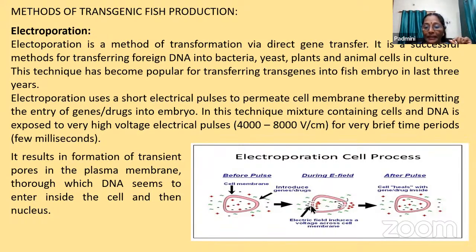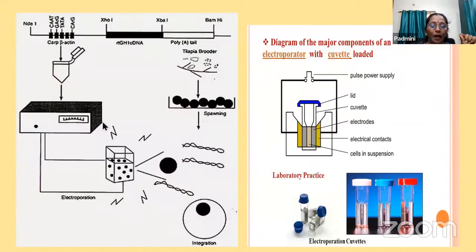Once the electric current is passed, the cell membrane is going to open up very slightly. Once it is open for that millisecond, whatever drugs or genes are present outside will immediately rush inside the cell. And once the millisecond is over, the cells immediately close off. The final result is that some amount of drugs or genes has entered into this oocyte. So that is the electroporation process, where you're going to transfer the gene directly.